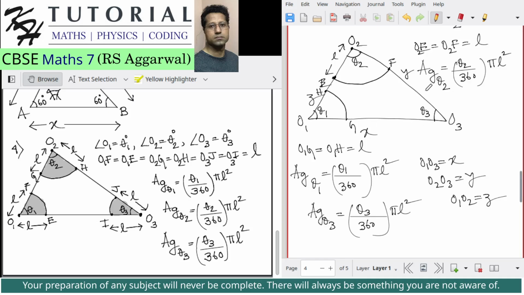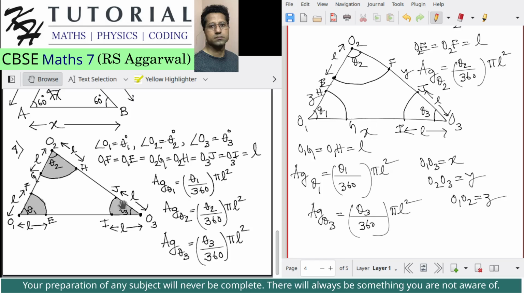Now, let this be I, J, so this is l, also this will be l. So this was some idea about the maximum area of grazing when an animal is tied with a rope inside a boundary.